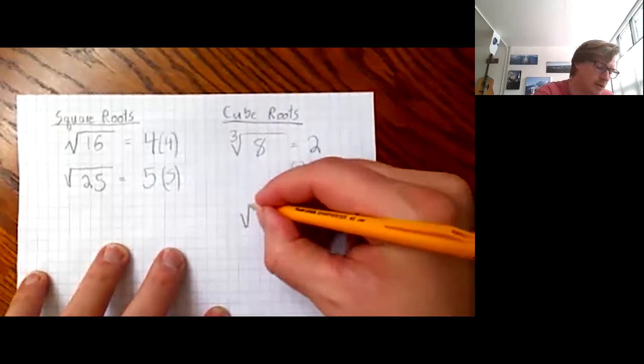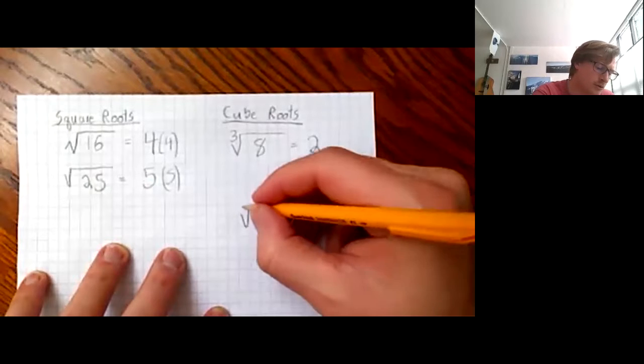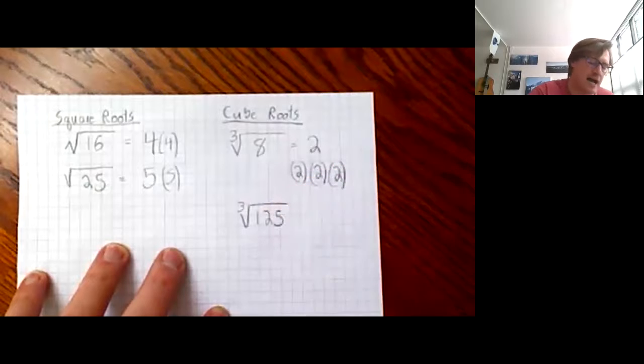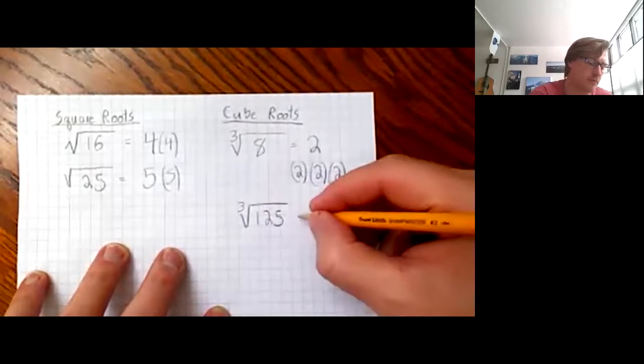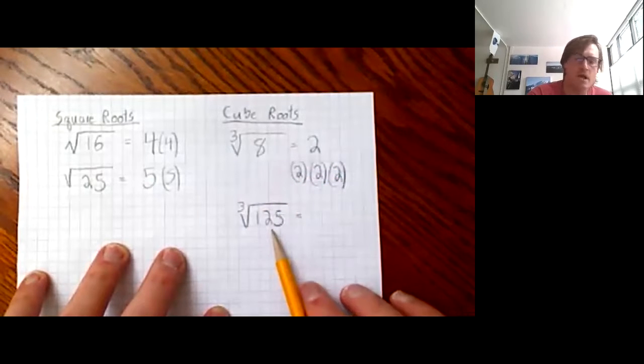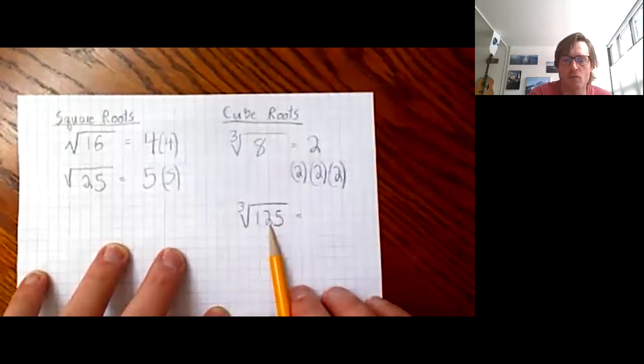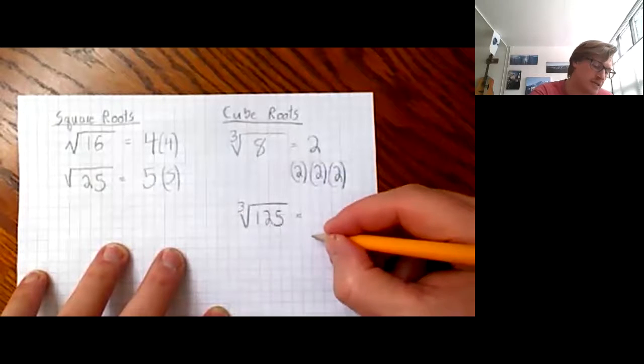Let's do another example. Let's do 125. It's a little bit more difficult, but we can work it out. So again, what number multiplied by itself 3 times equals 125? Well, we can just go up the line. Could it be 4? Could it be 5? Could it be 6? Let's guess 5.